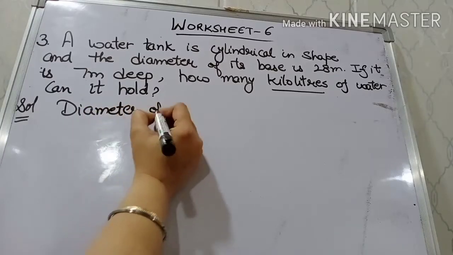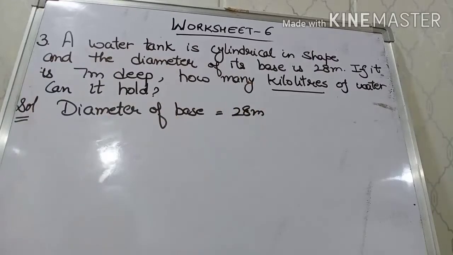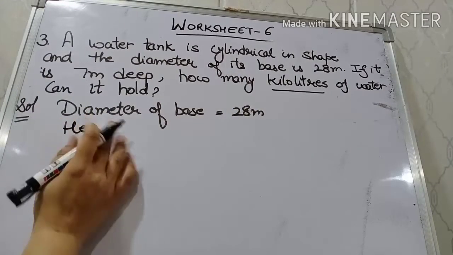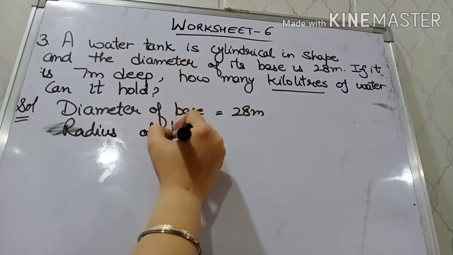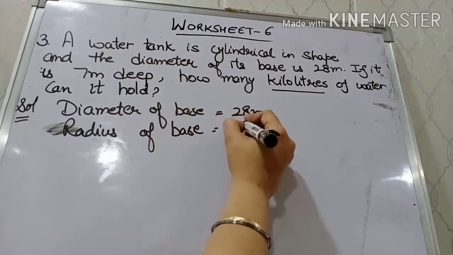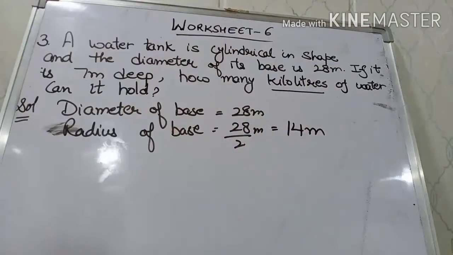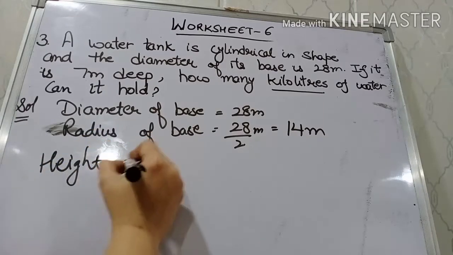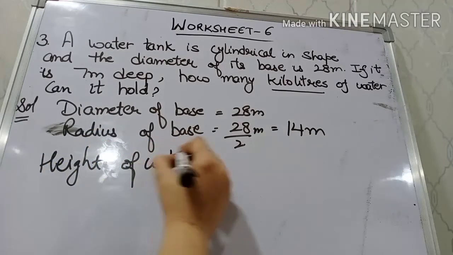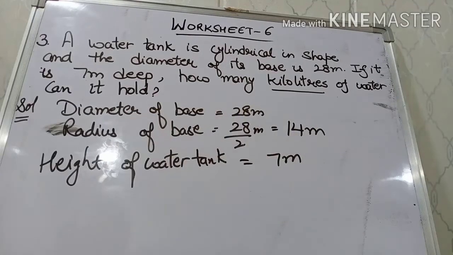Diameter of base is equal to 28 meter. From the diameter we are going to find the radius, 28 by 2 meter, that is equal to 14 meter. Height of water tank is equal to 7 meter, because it is given 7 meter deep.